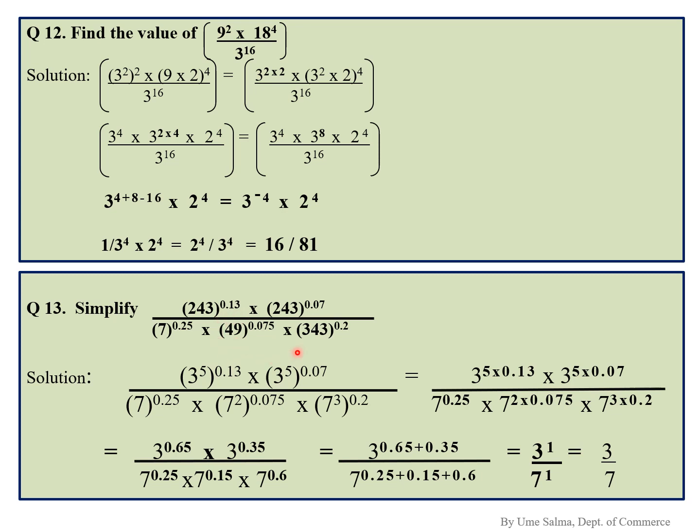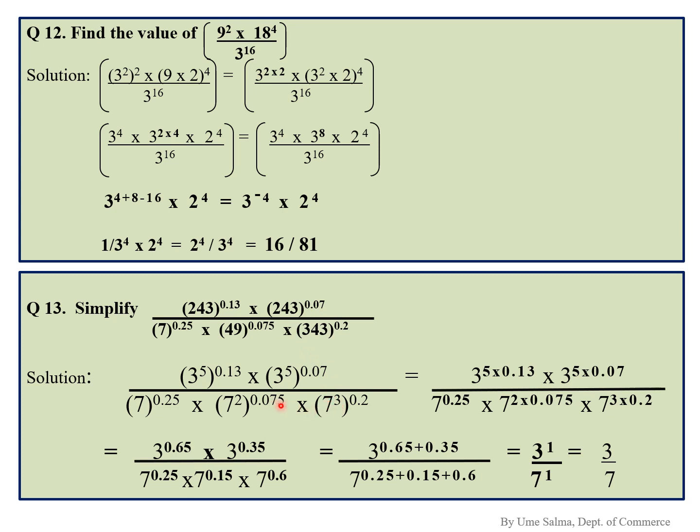So 49, as you already have 7 here, you are going to write this term and this term also with the base 7. So 49 can be written as 7 to the power 2, and 343 can be written as 7 to the power 3, with the same exponents as they are. Nothing changes here.